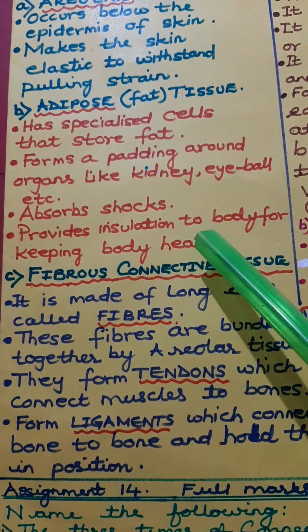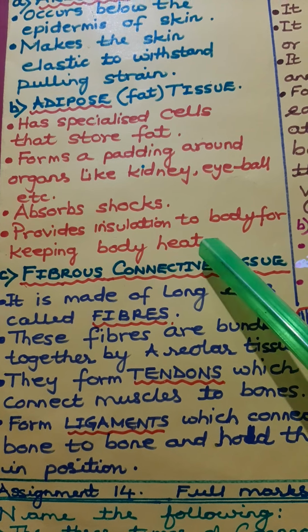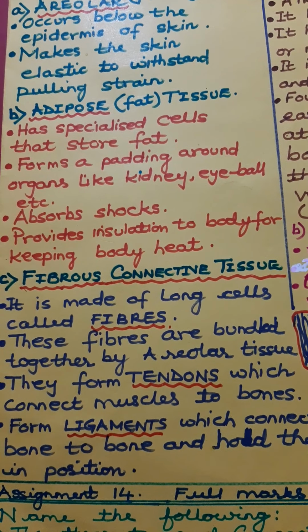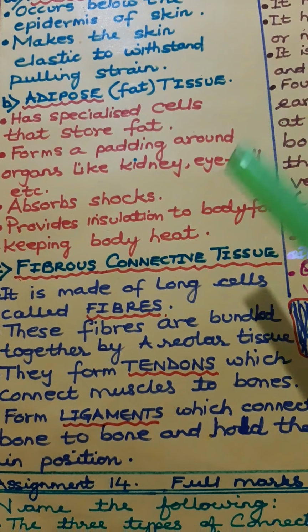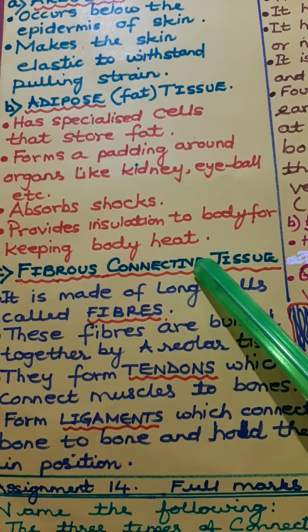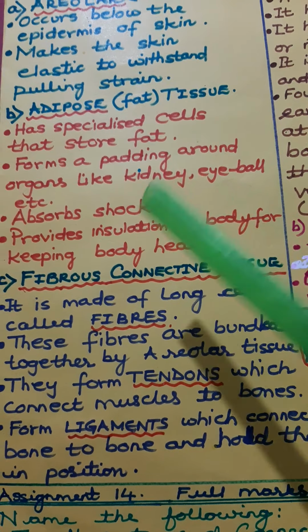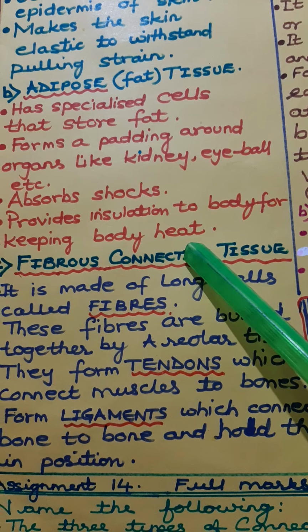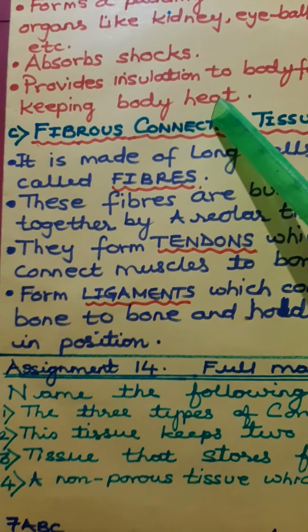Insulation means it keeps the body warm. Whatever heat is there inside the body, it keeps the heat so that the body stays warm. The body remains insulated. It doesn't lose body heat all of a sudden. It maintains that body heat.